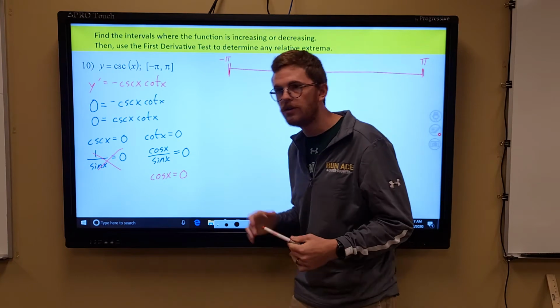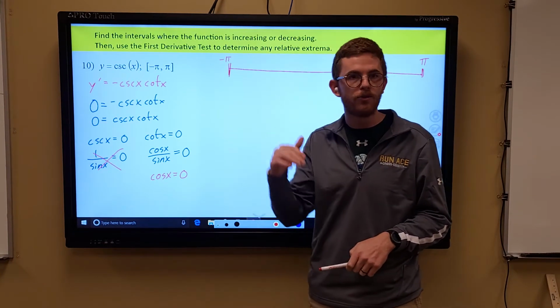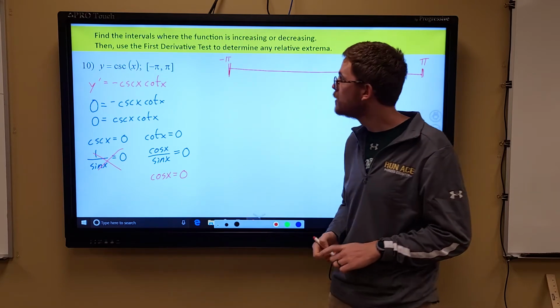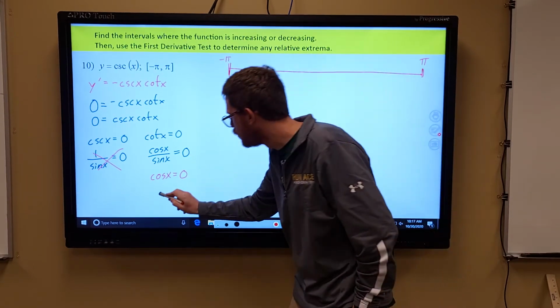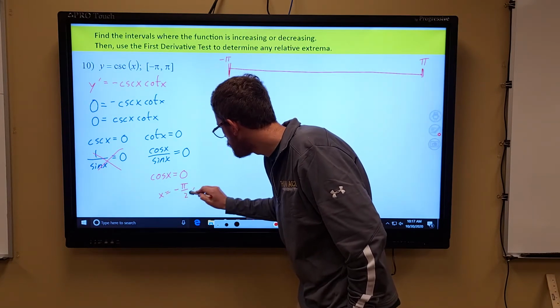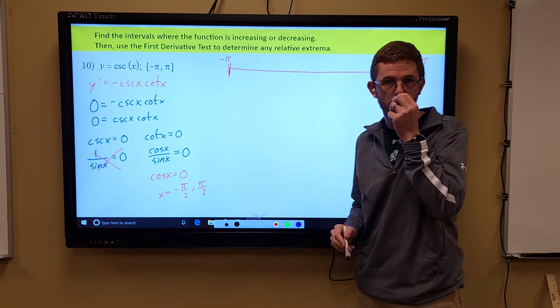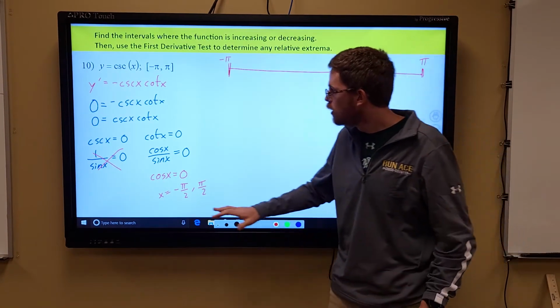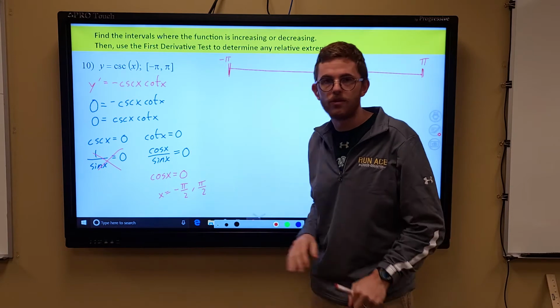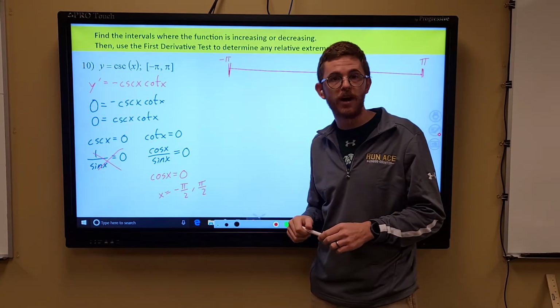And if you're thinking unit circle, I know cosine equals 0 at pi over 2 and at 3 pi over 2. But thinking about this interval, this would be at negative pi over 2 and positive pi over 2. So we got when our first derivative equals 0. It equals 0 at these two values.